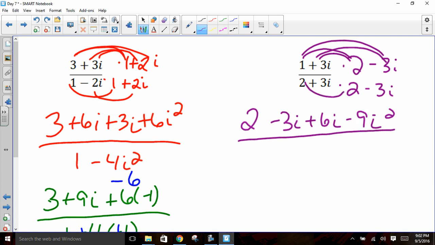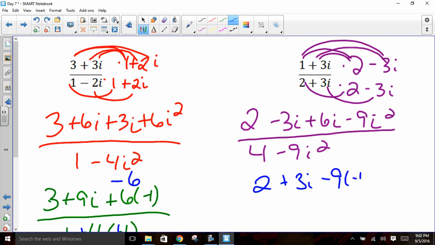3i times negative 3i is negative 9i squared. On the bottom, 2 times 2 is 4. 3i times negative 3i is negative 9i squared. I get 2 plus 3i, because negative 3i plus 6i gives me positive 3i, minus 9 times negative 1, all over 4 minus 9 times negative 1.